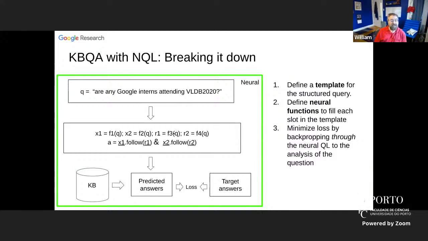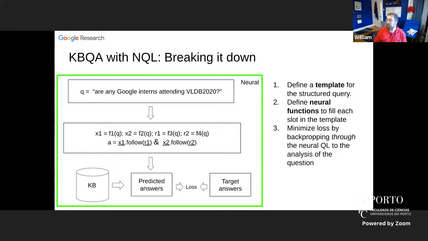So specifically to use NQL, what you'd do is you'd have some neural network, F1, F2, and so on, which produce the parameters you need for a template. Okay, so you'd have some template for the kinds of questions you care about, or some set of templates. So there's no structure learning here. And you just minimize loss by backpropping through the neural network.